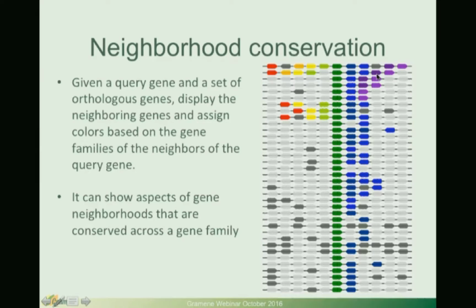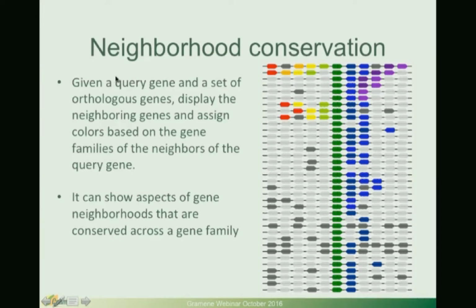The color scheme is defined by that neighborhood of the query gene, and each gene tree is assigned a distinct color in that neighborhood. And since these gene families are spread across all of the orthologs, you have these colors that you can then track visually where certain gene families may be conserved across evolutionary history.